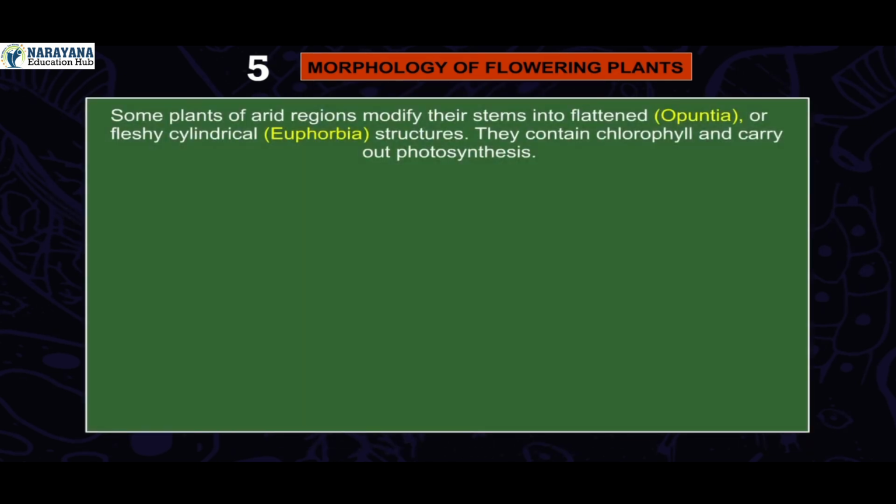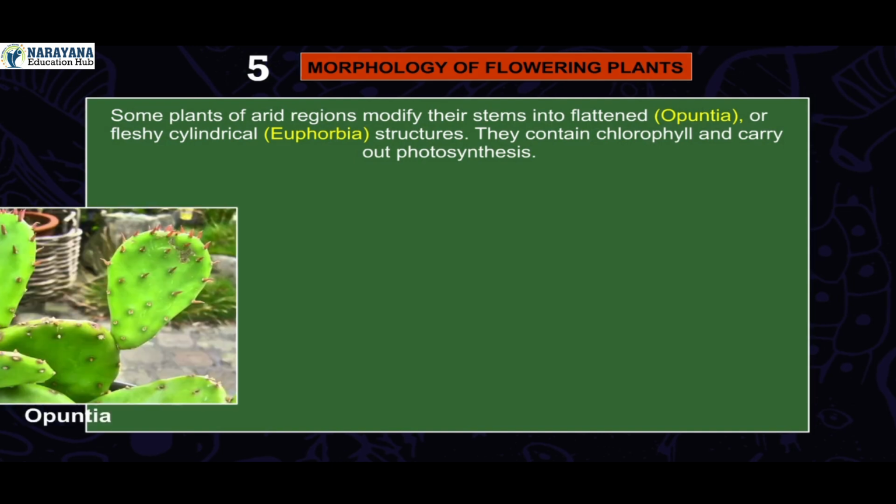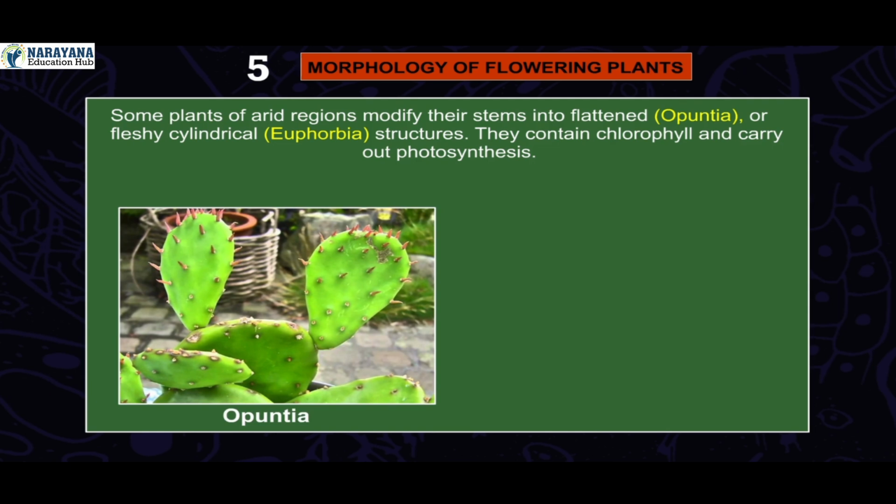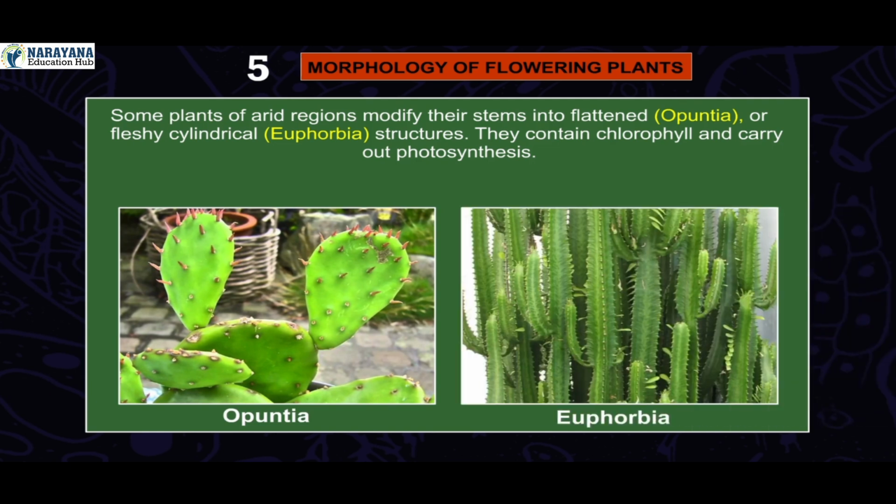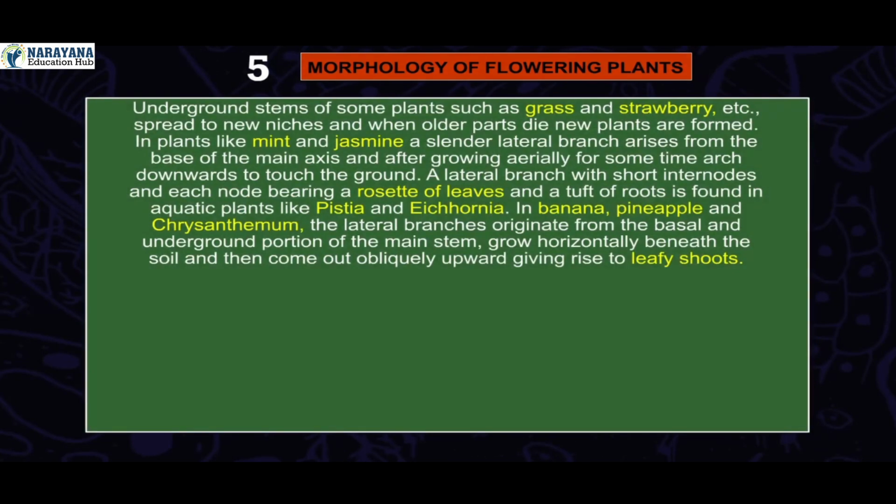Some plants of arid regions modified their stems into flattened, that is, opuntia, or fleshy cylindrical, that is, euphorbia structures. They contain chlorophyll and carry out photosynthesis.